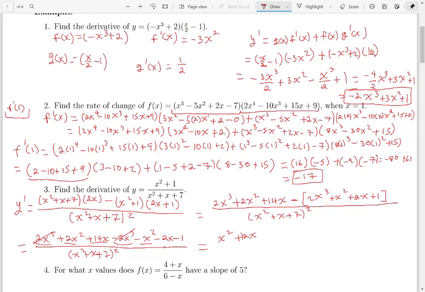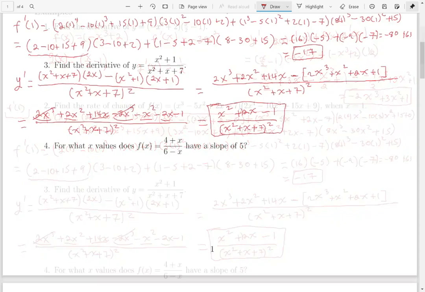And then those are taken care of, and then I have the constant term minus 1. Then I have the denominator x squared plus x plus 7, quantity squared. In some situations, simplification may be necessary, but I claim this is the derivative of our quotient.